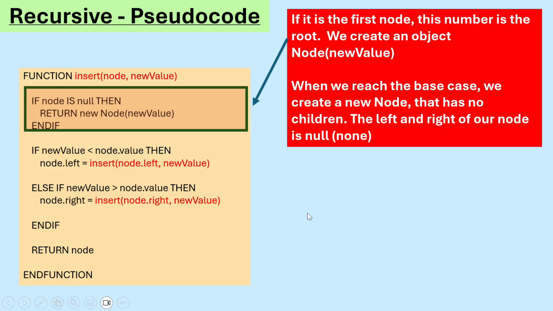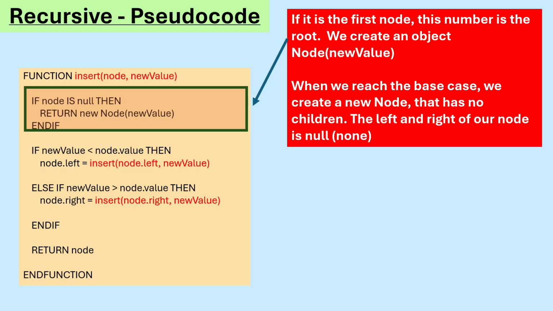So let's say we want to put in the number 8. 8 is going to be our root. Now we're also going to be calling the algorithm, and when it reaches a base case, it will create a new node.